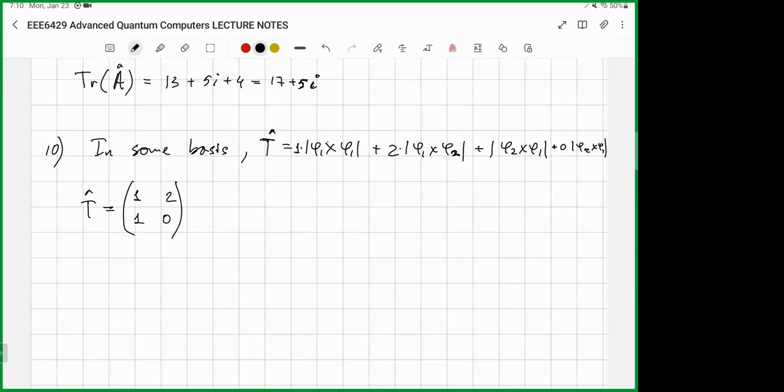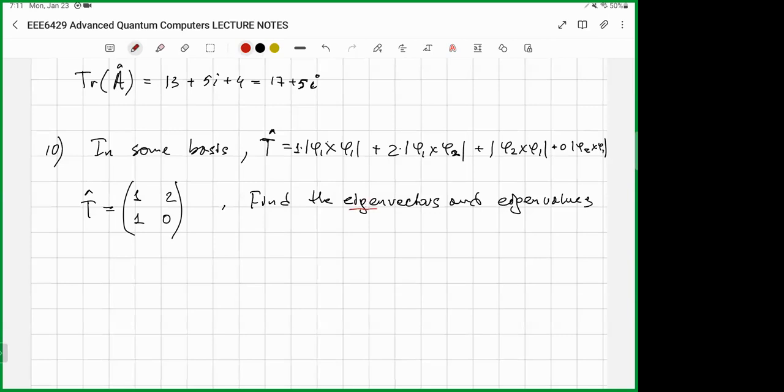So this is my matrix representation of this operator T. So for this operator, find the eigenvectors and eigenvalues.